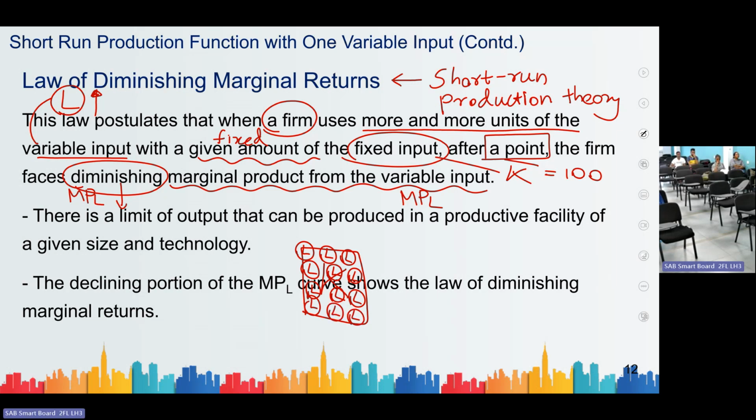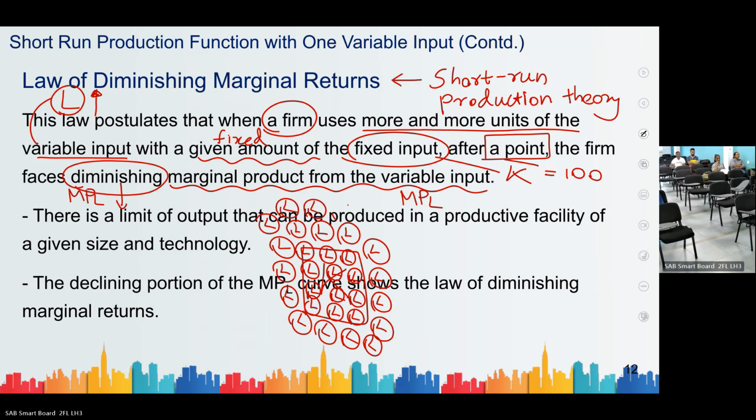What happens is, when the firm increases labor input beyond the capacity of capital, there is an abundant level of labor.